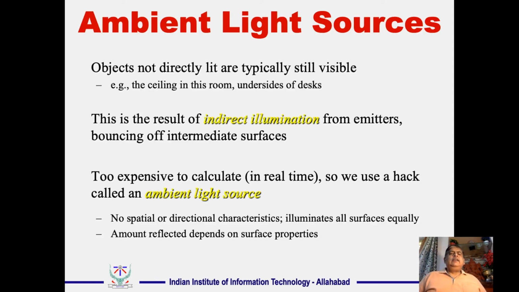In other words, objects not directly lit are typically still visible, like the ceiling in this room, and this is the result of indirect illumination from emitters bouncing off intermediate surfaces.